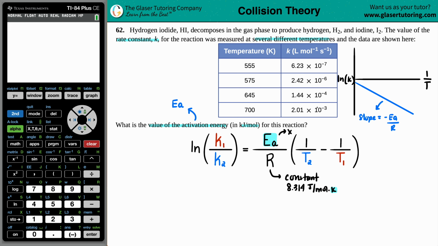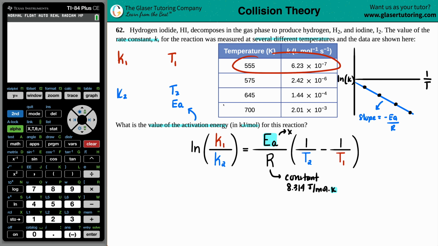So if they're all going to be on this linear line somewhere, 1, 2, 3, and 4, the idea is that it doesn't really matter which 2 you take. So maybe if you want, you take 2 different ones than me, and let's see if we get the same activation energy. For me, maybe we'll do k1, T1, and then we'll do k2, T2. Maybe what I'll do is I'll take the first ones and the last ones.